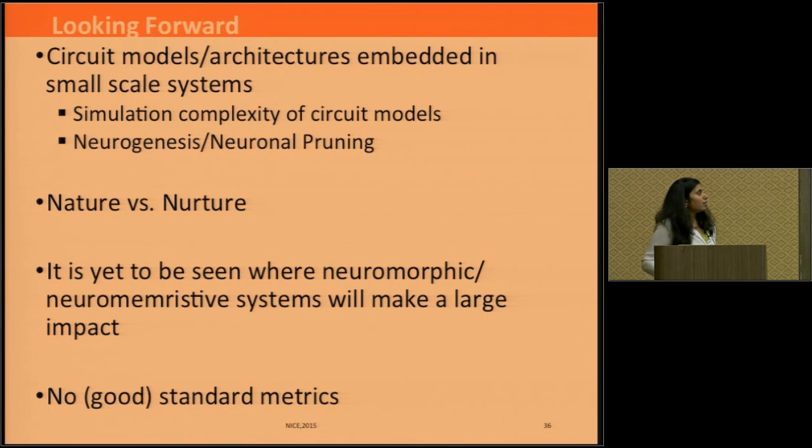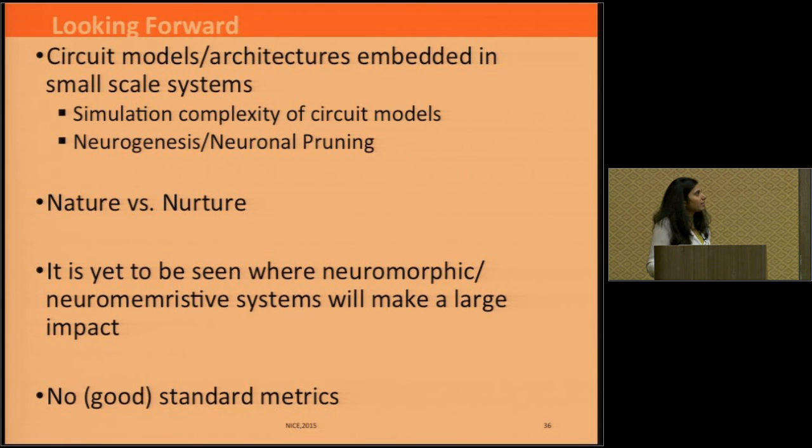So looking forward, all the models and architectures I've shown are embedded in small-scale systems. There are some limitations when we are looking at large-scale systems, particularly the simulation complexity. It takes at least 2 days to run some of these single runs, so it is really hard. And right now, all these models are abstracted.